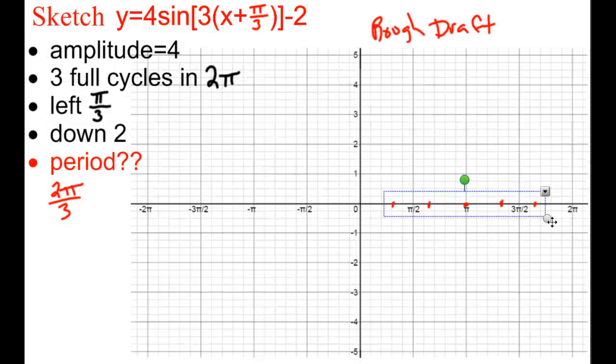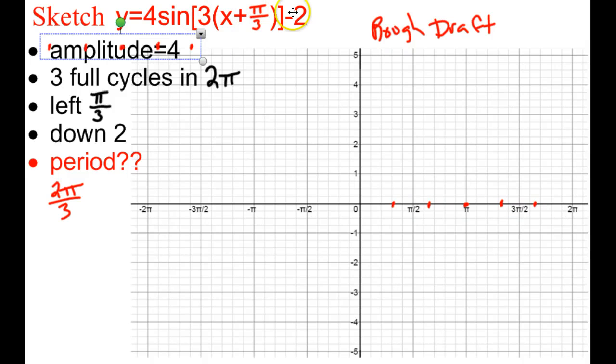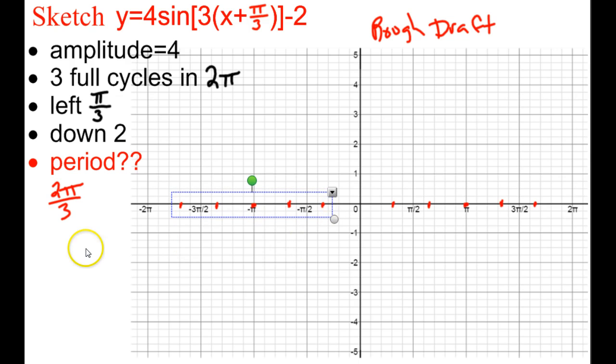That is not what I meant to do. To copy that and paste it. And we have essentially the same thing on this side of the graph. 1, 2, 3 and a bit. Now, what I know is my amplitude is 4, and so my graph has to go all the way up to 4.